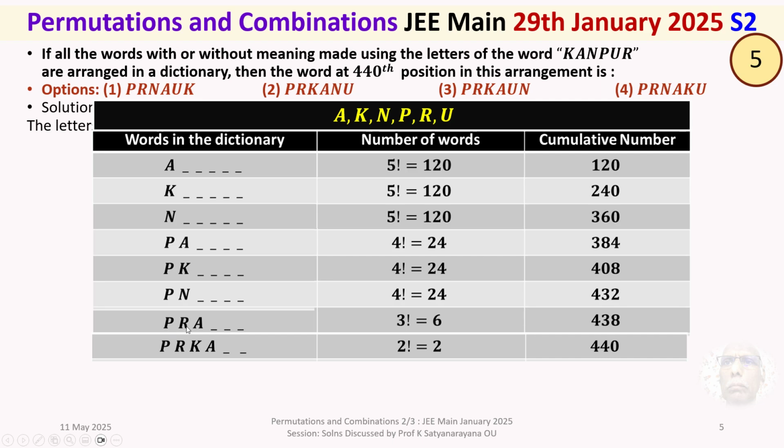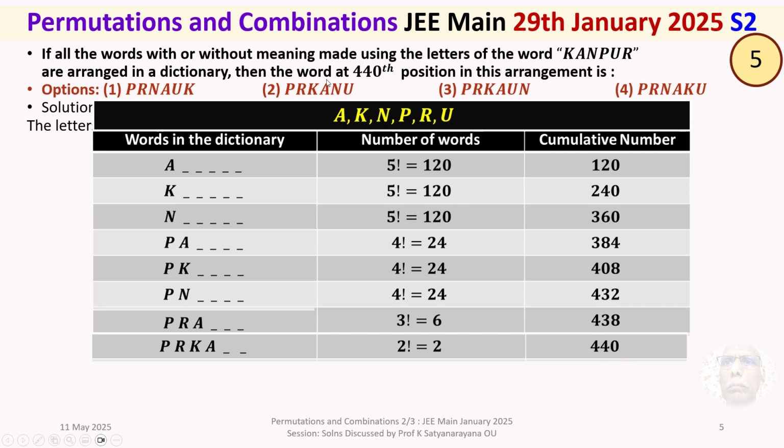Now all words which start with PRA are over. After that, K. After PRA, K, and in the natural order A will come first. And we are left with 2 places and 2 letters. Factorial 2, that is 2 ways. And 2 plus 438 is 440.